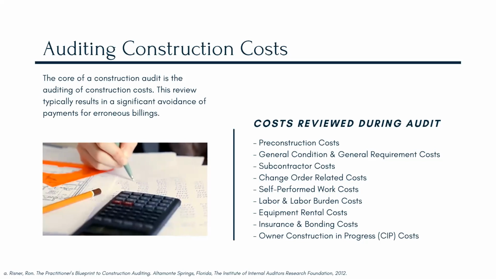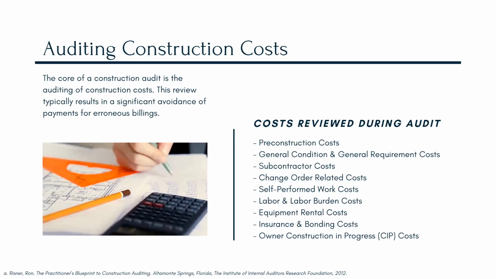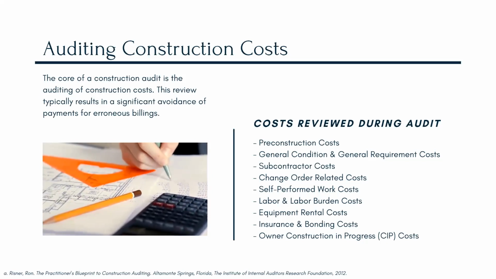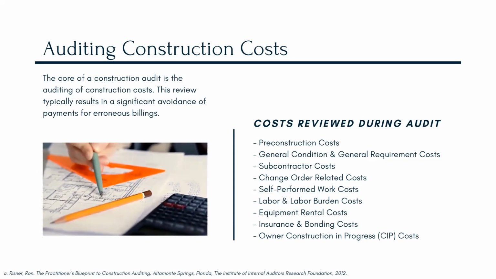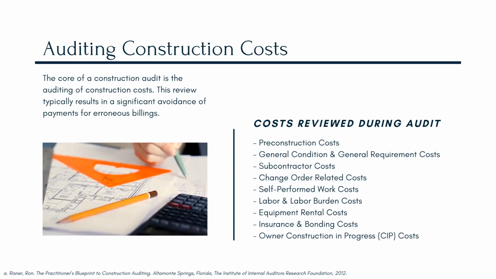Quickly touching on the last two points, insurance and bonding costs. The type of audit work that goes into there is, one, ensuring that the insurance and the bonds that were represented as obtained were actually obtained.